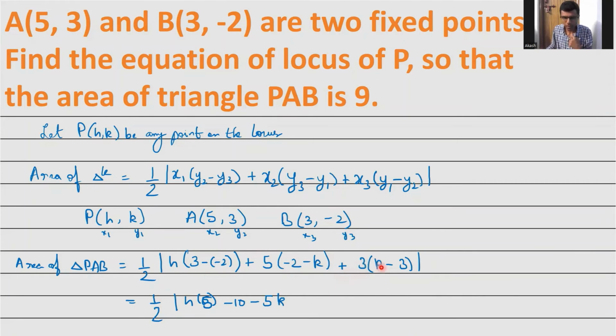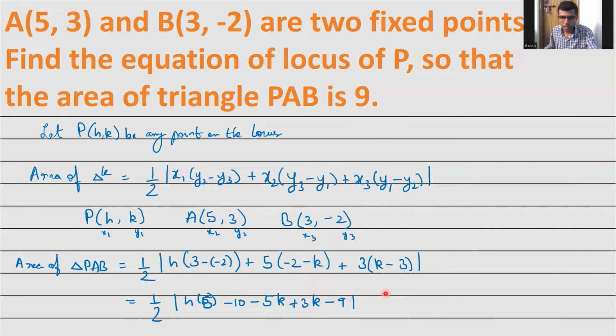Now 3 into k is 3k, plus 3k, and 3 into minus 3 is minus 9. First find out the area of triangle, then you can compare it with 9 and get it. Or you could start with that also, anything's fine.